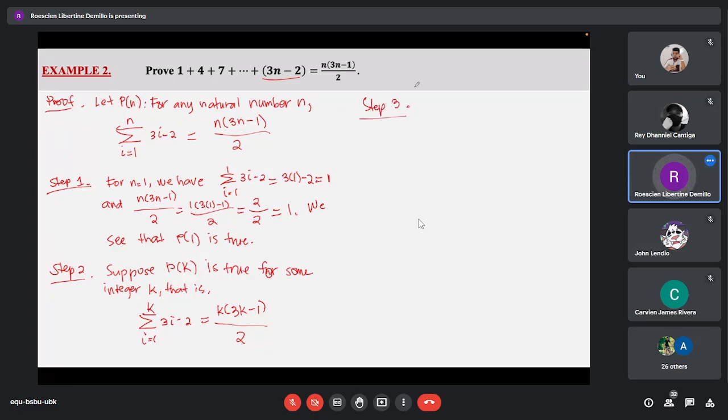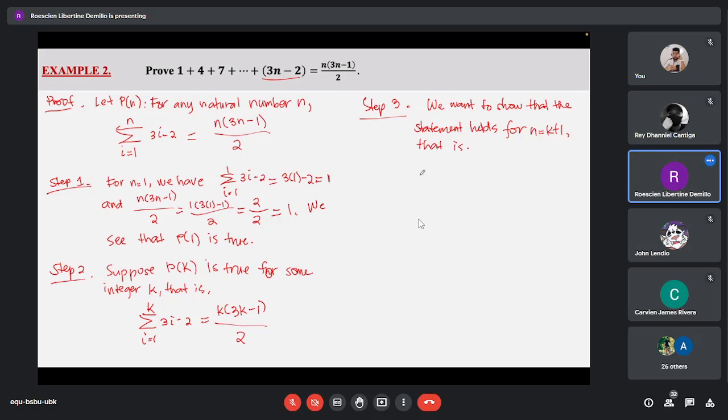For step 3, we want to show that the statement holds for n equals k plus 1. And that is, all n, class, we substitute with k plus 1.